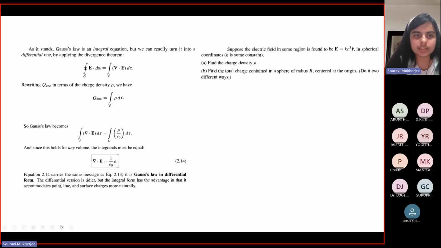Okay. So now this is your flux, right? And on the other side, you had Q enclosed by epsilon naught. But using this divergence theorem, you can write the same surface integral as this volume integral.